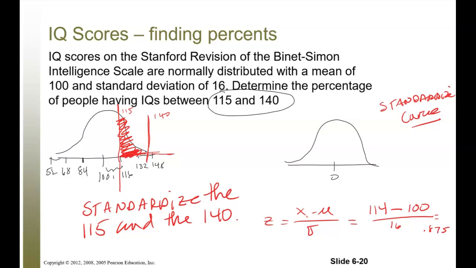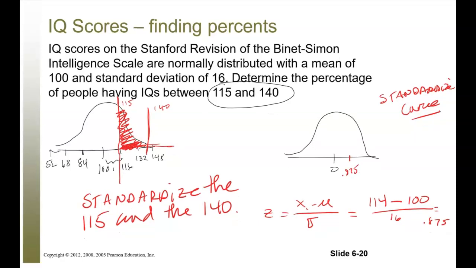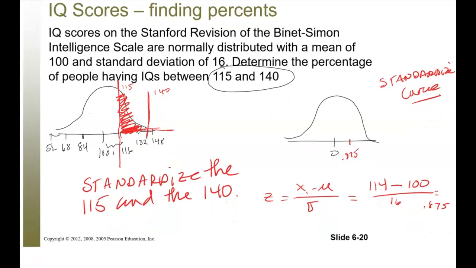All right, so I want you to go back to remembering what we talked about. We said 115 should fall shy of 1 whole standard deviation, and it does. 115 is at 0.875. All right. So now let's look at the other one, which should fall between 2 and 3. That's 140 now. Same thing, use the same mu, use the same standard deviation.